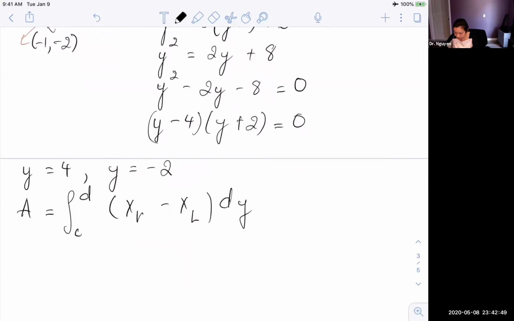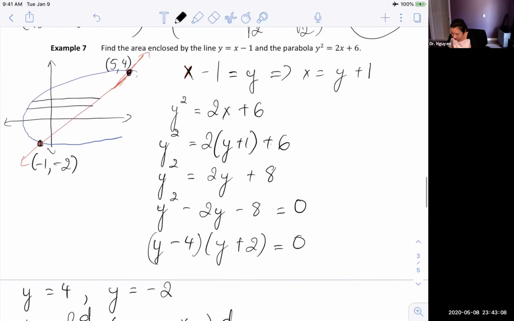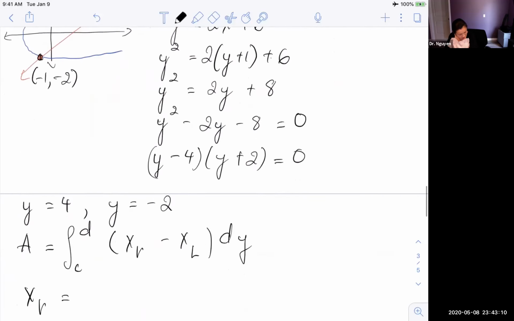Okay. All right, so I'm going to solve for x. So now we're going to have to solve for the left and right boundary curves. So the right is going to be x equals y plus 1.